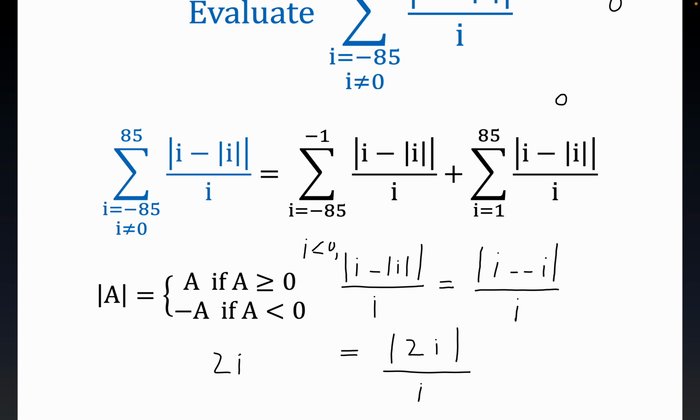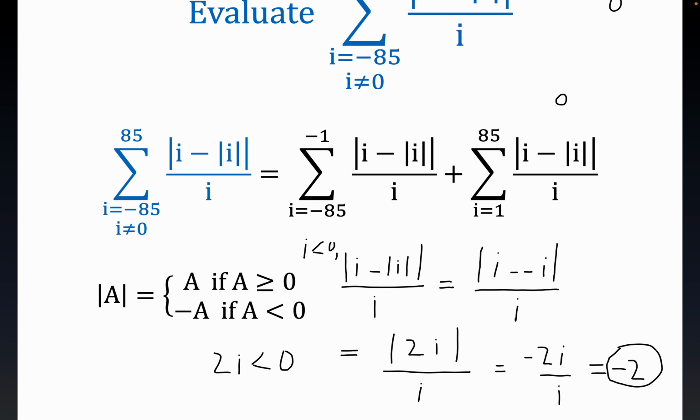Since i is presumed to be less than 0, 2i is certainly less than 0. And so you can replace the absolute value with minus. So this is equal to minus 2i over i. But since i is not equal to 0, this is just constantly equal to negative 2, right? Which is essentially the entire problem, okay?